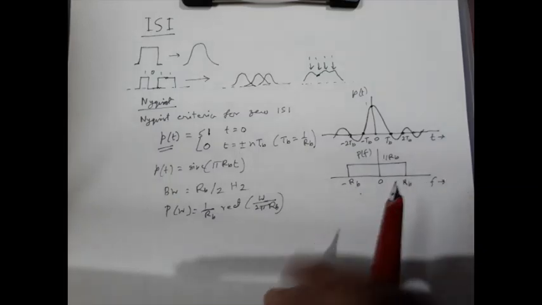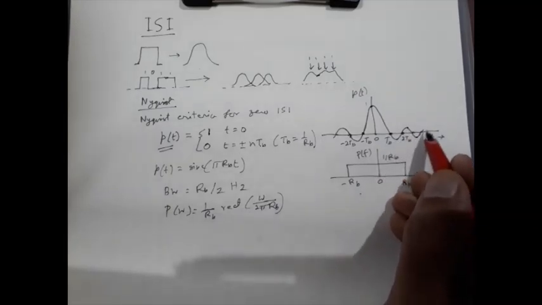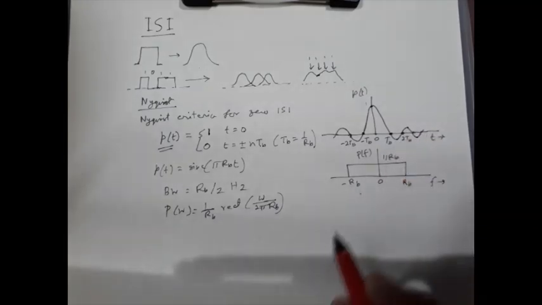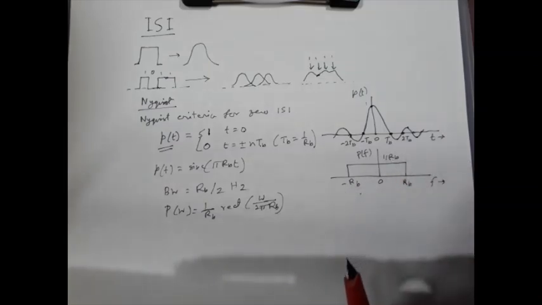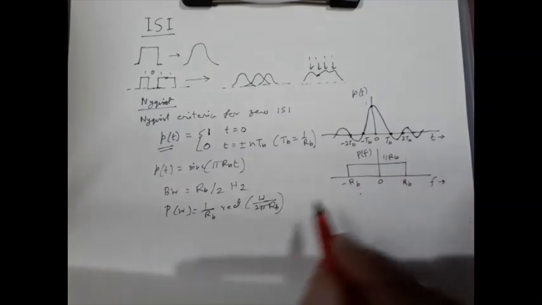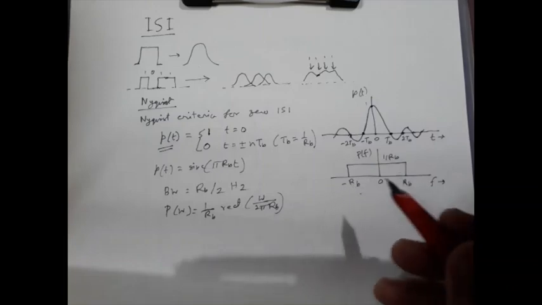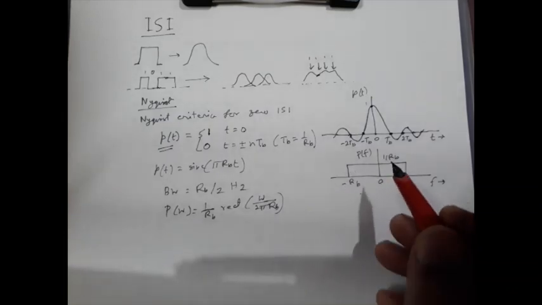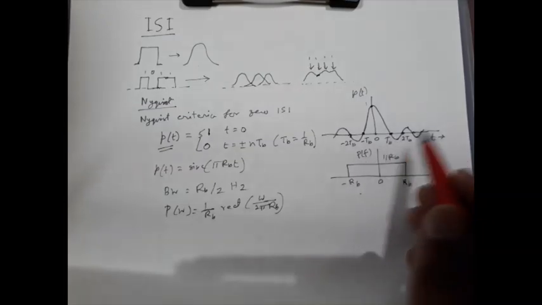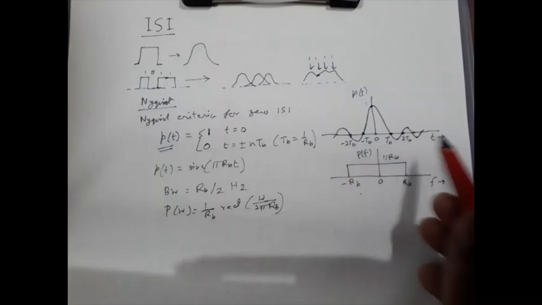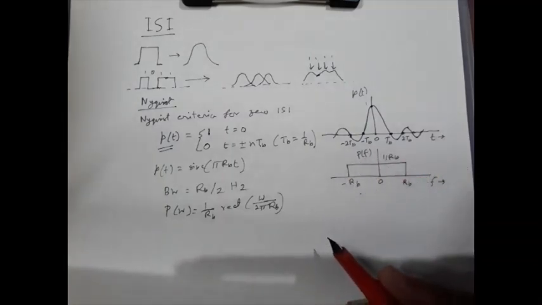Not only that, the amplitude of these ripples decays at a very slow rate, at a rate of the inverse of the time. So if there is any small shift in sampling time, interference will take place as the pulse decays too slowly, and the interference of a huge number of pulses will be there. So that is another problem.